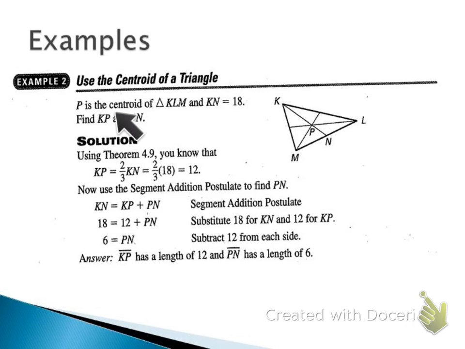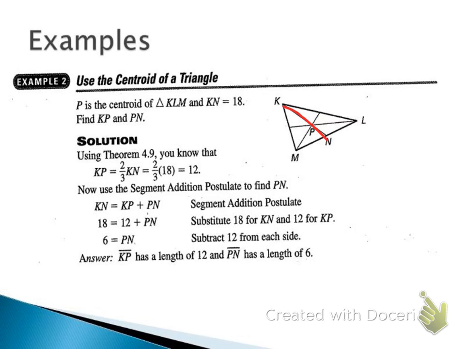They tell us in the directions that P is the centroid, which means these segments in the middle of the triangle are all medians. They also tell us that the length of KN is 18. They ask us to find both KP and PN, so the two pieces of the median.